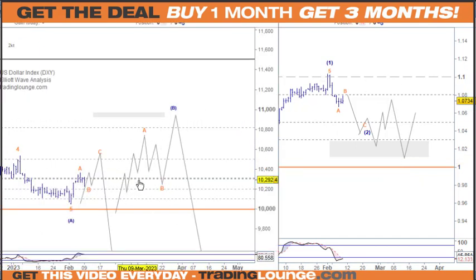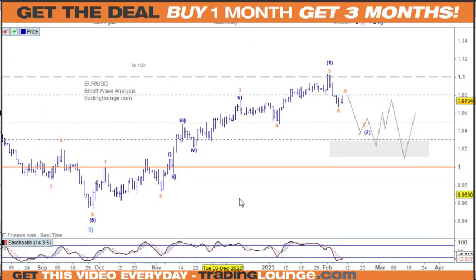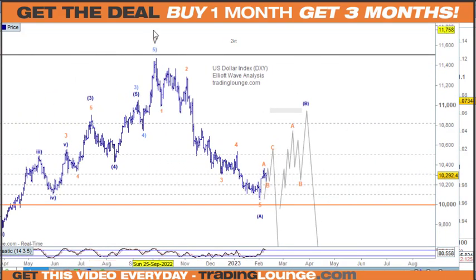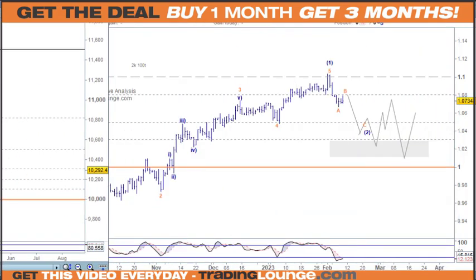That's what I'm kind of thinking. But the important point to take away here is that with the US dollar here, this is a top here. We've got 5 waves down here. Now, that means I've just done it conservatively as wave A here, and you'll notice that I've got wave 1 here for the euro.